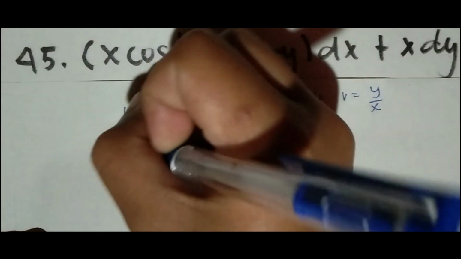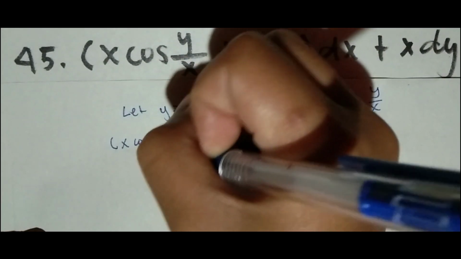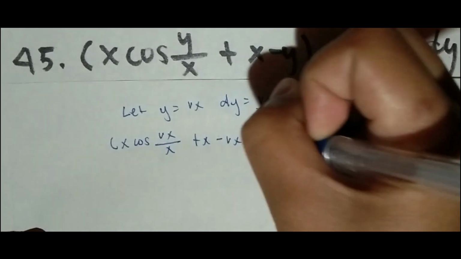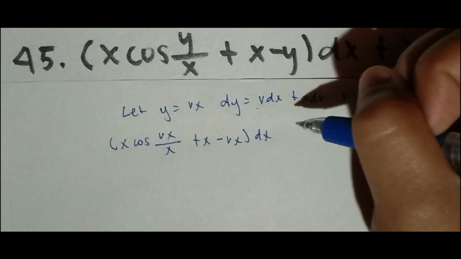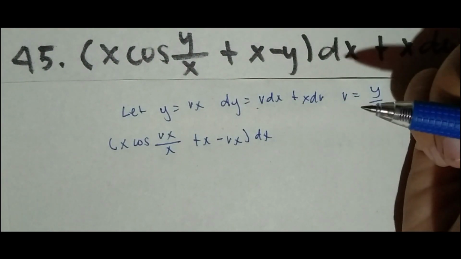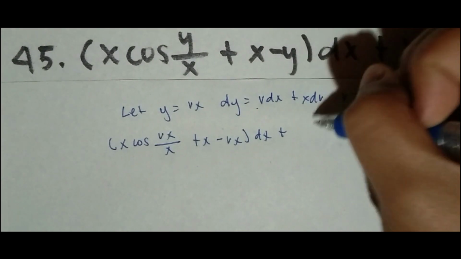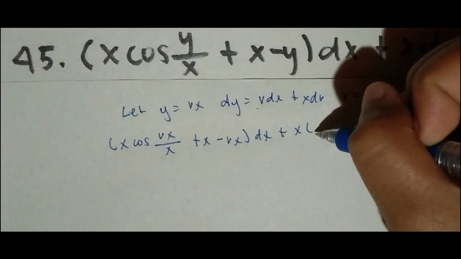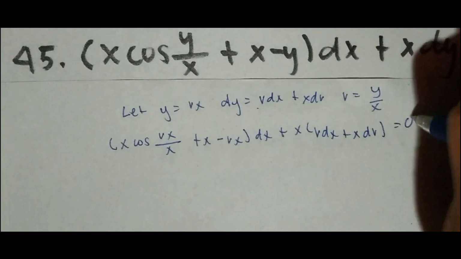We will have x cos(vx/x) + x − vx, that will be dx, plus x, and our dy is equal to v dx + x dv, equals 0.